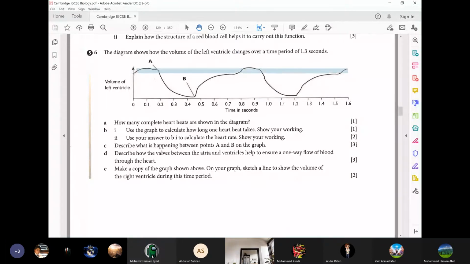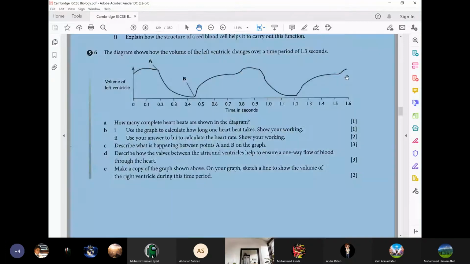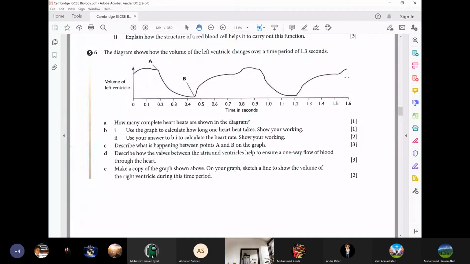If I bring this line over here, this and this line are equal, right? From here it is starting, here it is ending. So this is showing 2 complete heartbeats. Right, boys?